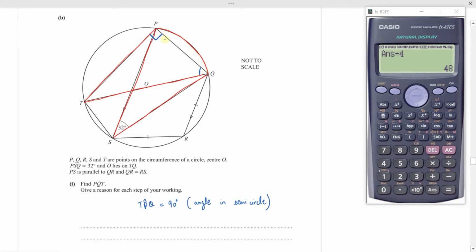They are subtended by the same arc PQ. So this angle here will be 32 degrees. So I can write angle PTQ equals angle PSQ, which equals 32 degrees, because they are angles in the same segment.